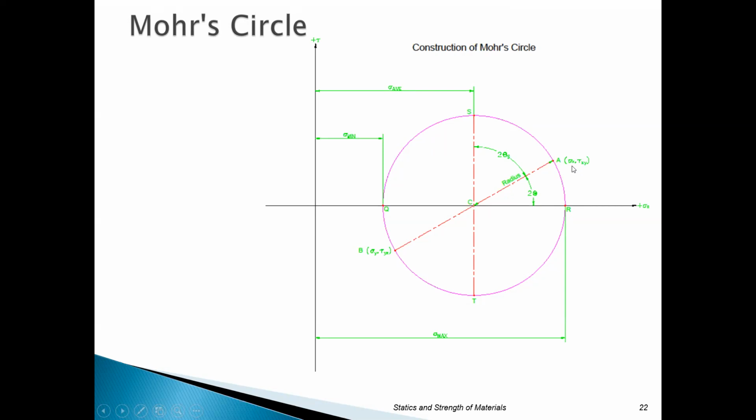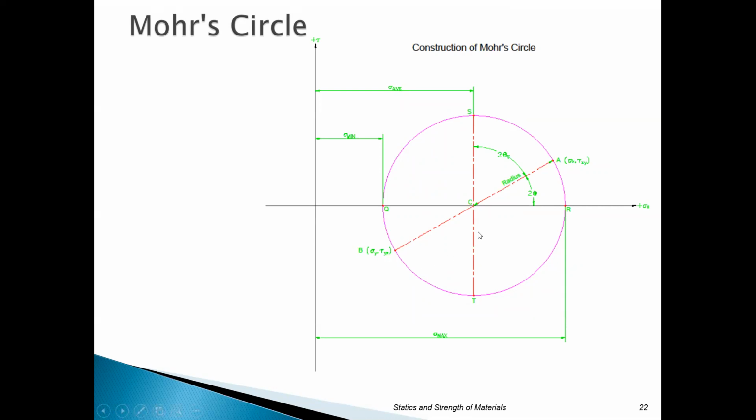A is the normal stress in the x direction and your shear stress along the x face in the y direction. And then B is the opposite of that. B is your normal stress in the y direction, and then your y value is your shear stress along the y plane in the x direction.